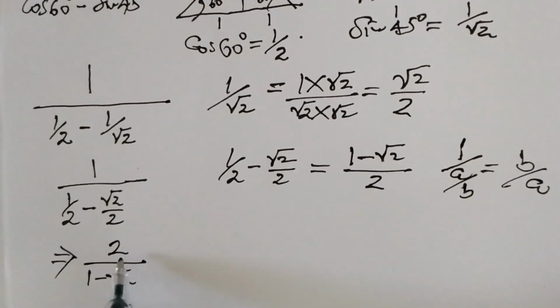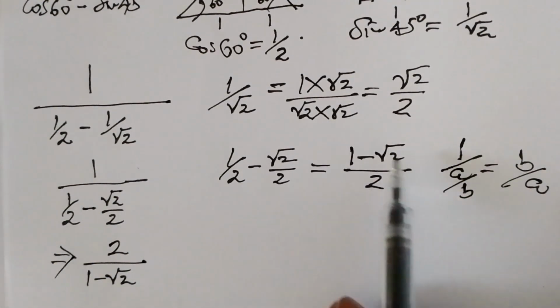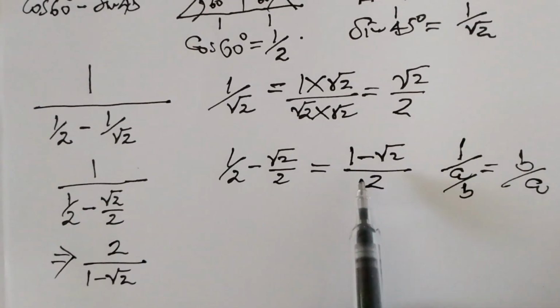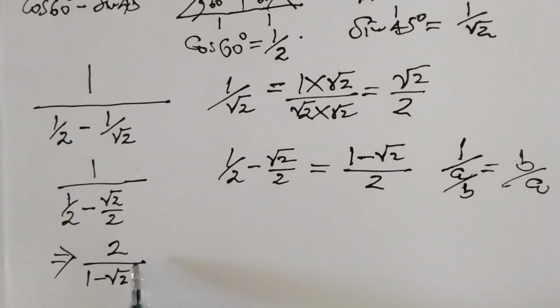And when we have 2 over 1 minus root 2, we've already gotten the reciprocal of this expression. Now we go ahead and multiply by the conjugate of 1 minus root 2, which will be given by 1 plus root 2.